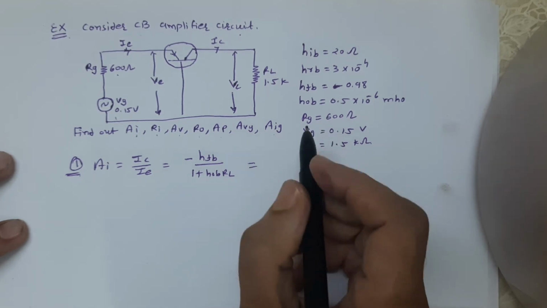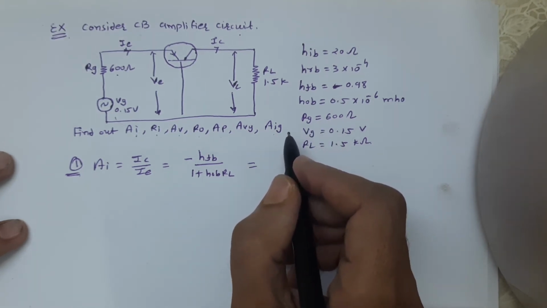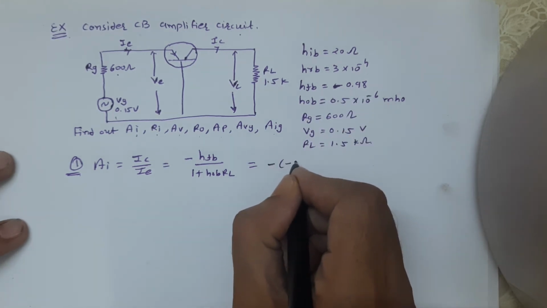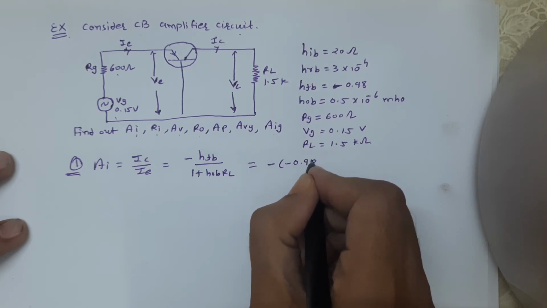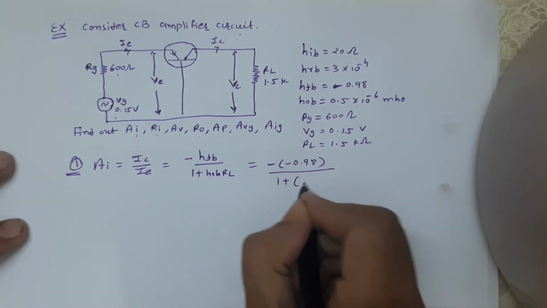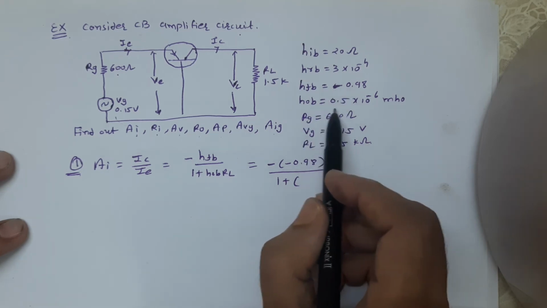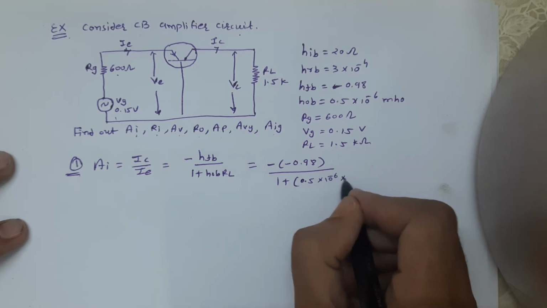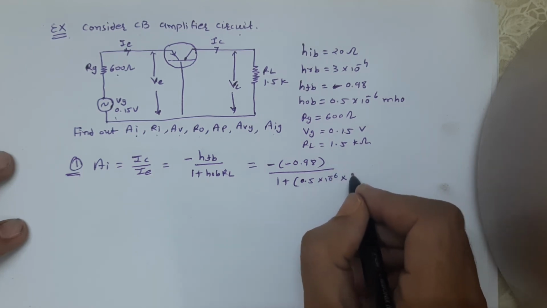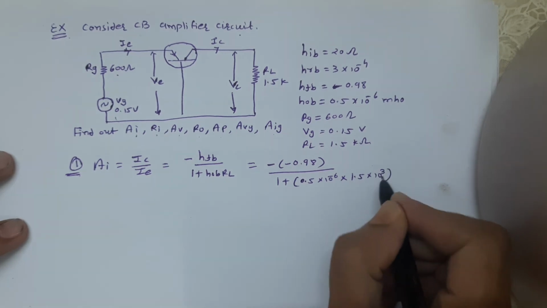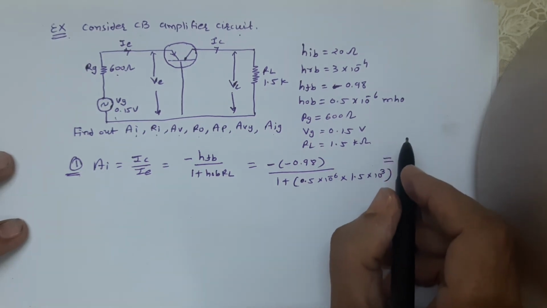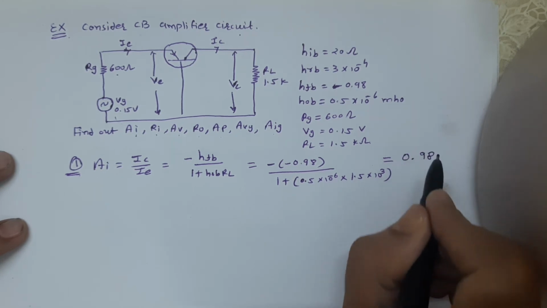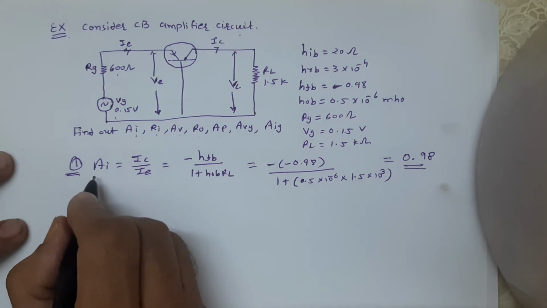HFB is minus 0.98, so minus of minus 0.98 divided by 1 plus HOB, which is 0.5 into 10 raised to minus 6, into RL, which is 1.5 into 10 raised to 3, and this is equal to 0.98. This is the value of AI, right?